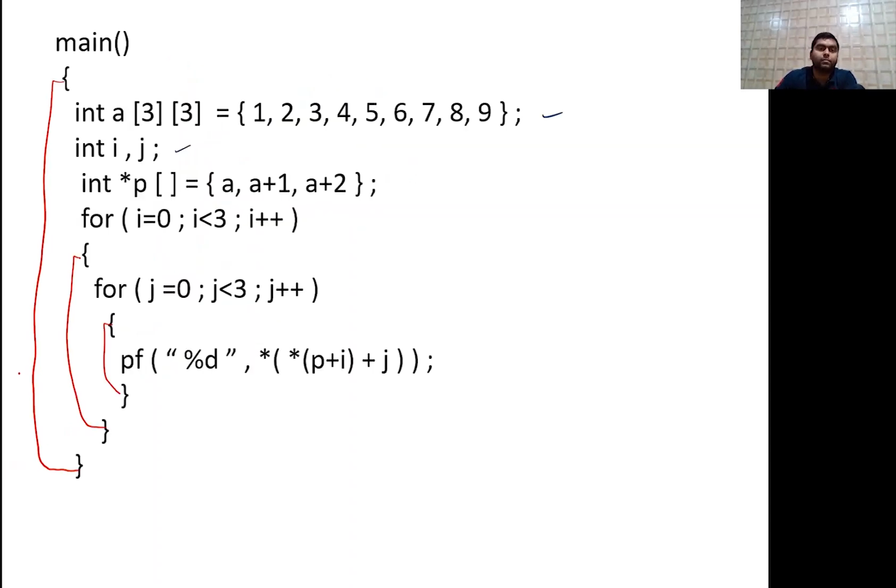Now observe very carefully. This line is over. Now i equals 0, i less than 3, so this loop will run 3 times, 0 1 and 2, and the internal loop will also run 3 times. For the first value of i, 0, this loop will run 0 1 2.